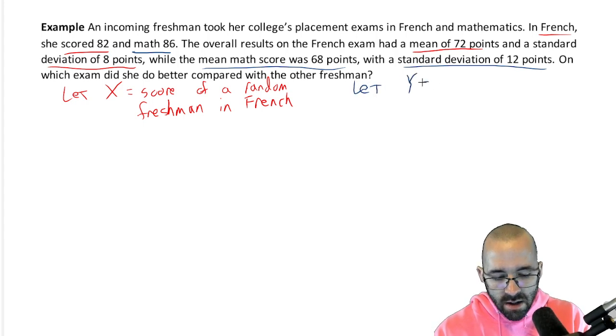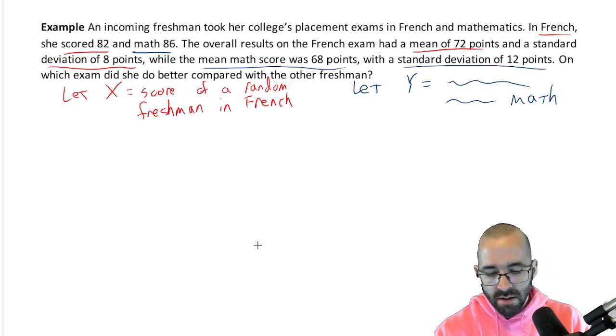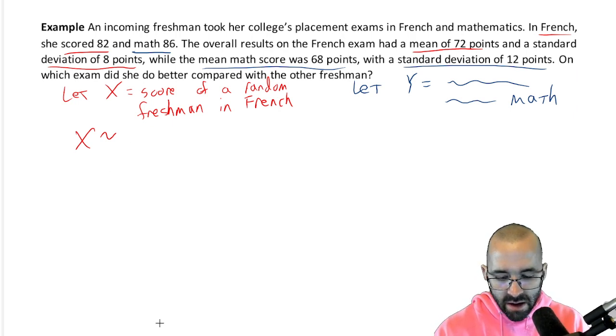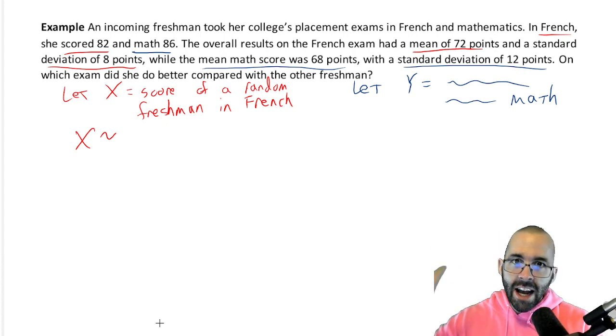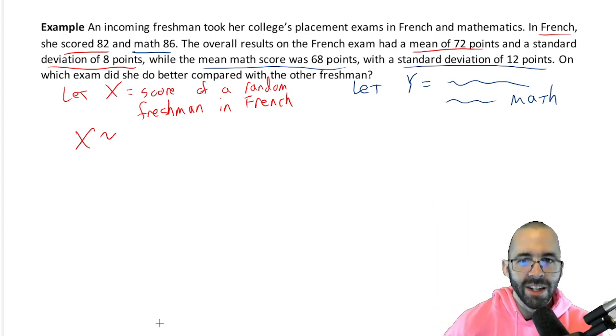Let Y be the score of a random freshman in math. We know that X is roughly, well, we don't know that. It didn't tell us that. Well, let's assume it. Raise your hand, ask a question: Jason, can we assume that these are normally distributed here? Because it doesn't say. We'll assume it.